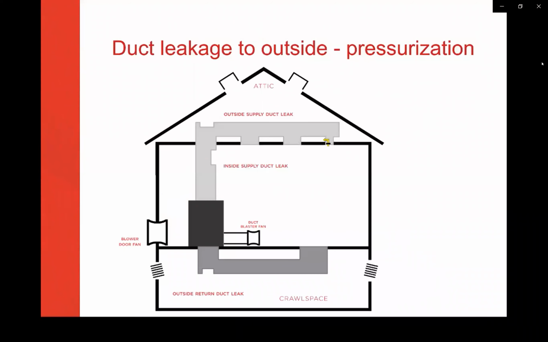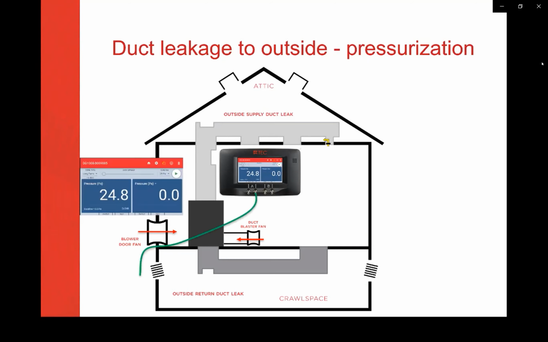So when we're doing a duct leakage test, like I talked about, the blower door is blowing air in, and the duct blaster is blowing air in. We've got our gauge in the house, and we've got a tube from the reference on channel A that's going to the outside. In this case, we just have it in the pressure mode, but you don't have to be.